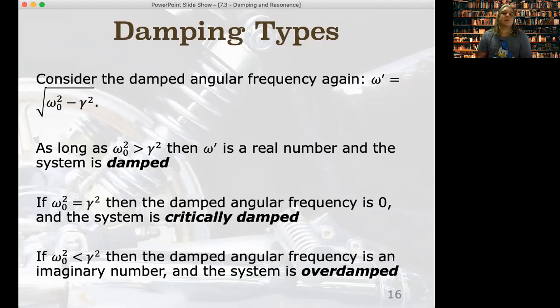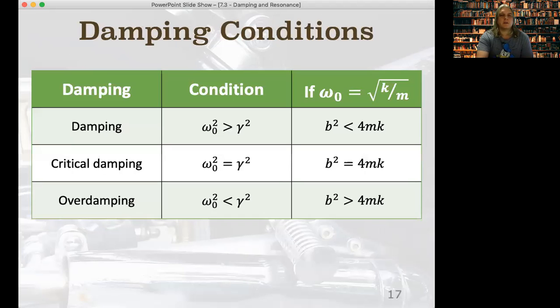That is where we have overdamped, and it's imaginary because we don't have an angular frequency for an overdamped system. There is no oscillation, so we can't have a frequency. So those are the different types of damping. As I said, damped can also be called underdamped. I'll add that in for the slides on the website, but I didn't have that here on the video.